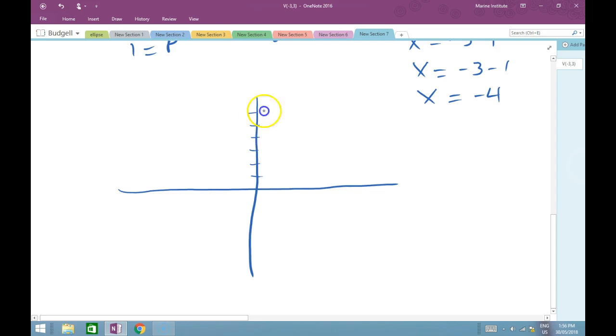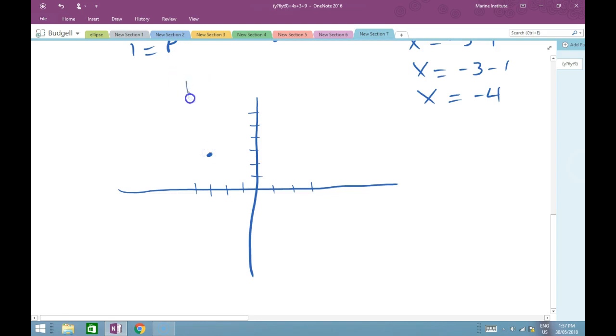We go 1, 2, 3, 4, 5, 6 up, and 1, 2, 3, 4 as far as we have to go there, and we're going to go 1, 2, 3 on the positive x-axis. So let's plot our vertex, which was negative 3 and 3, so it goes right about here.